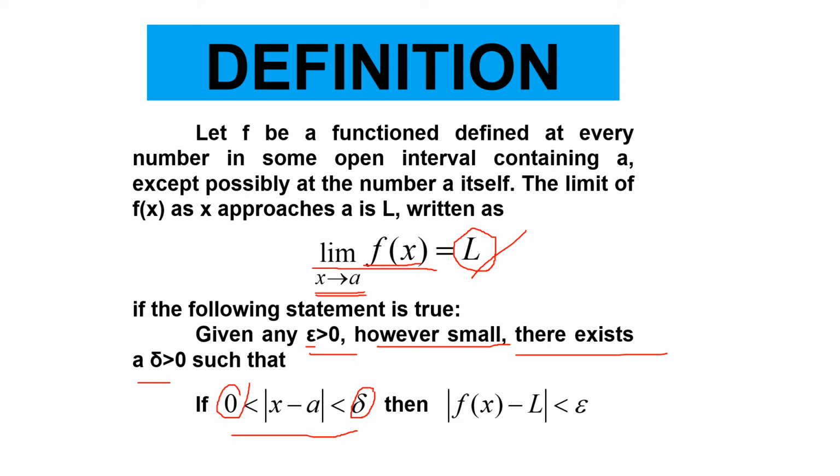Because if x approaches a, there is a value before your x and a value after your a, so whatever the interval between those values, it will fall here.